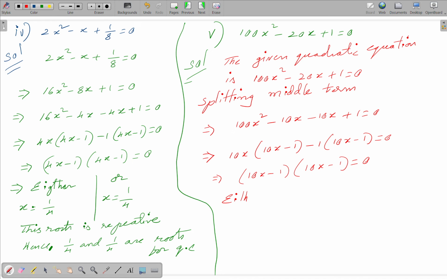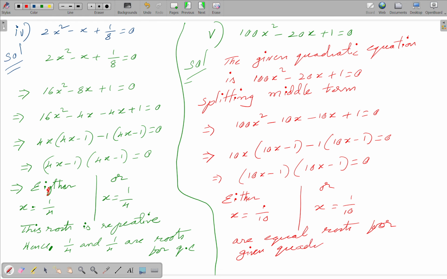Either x is equal to 1 by 10 or x is equal to 1 by 10 are the roots for the given quadratic equation.